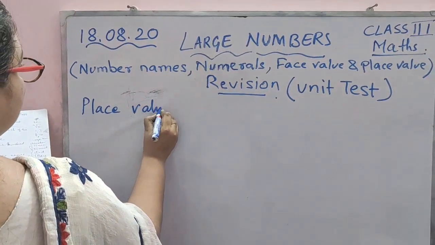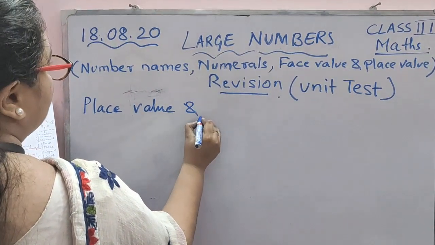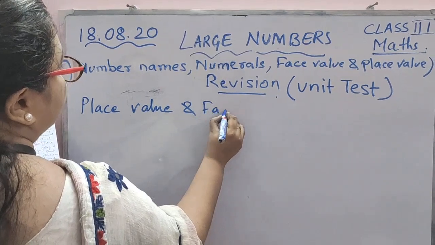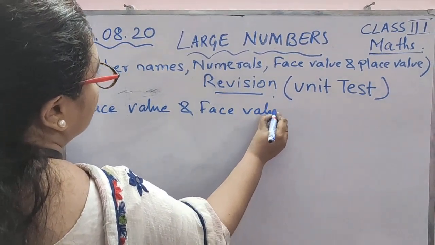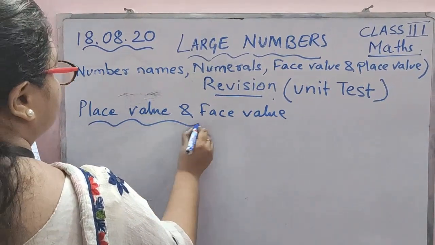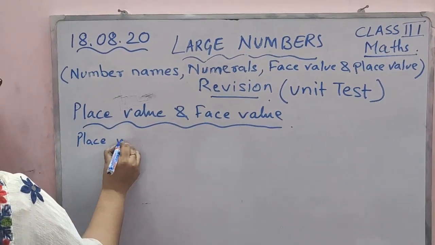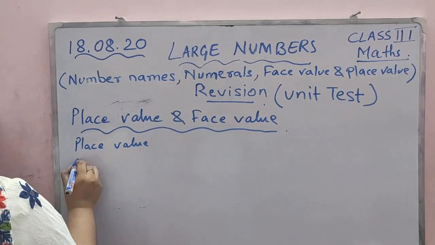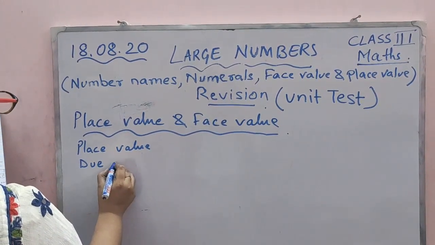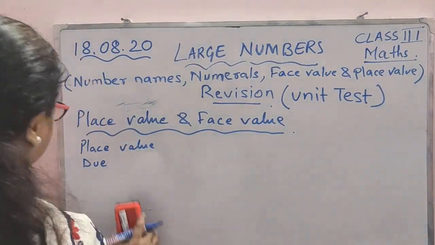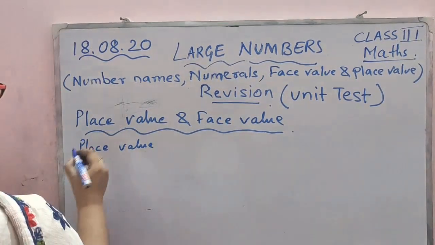Place value and face value. Okay. Now place value is value due to its place. Okay. We write value due to its place.